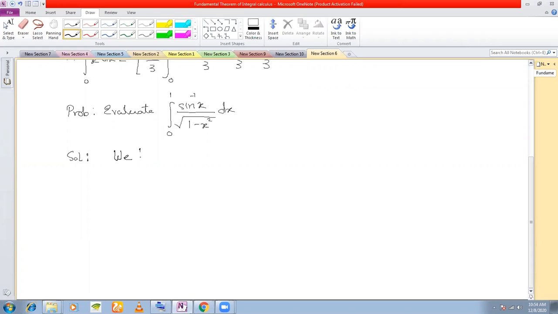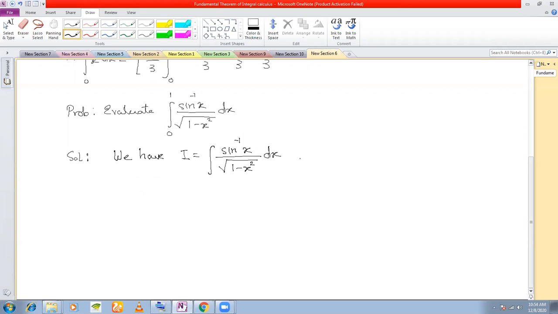So we have I is equal to the integral of sin inverse x by root 1 minus x square dx. You evaluate this as an indefinite integral first, isn't it? That is how you have been doing.